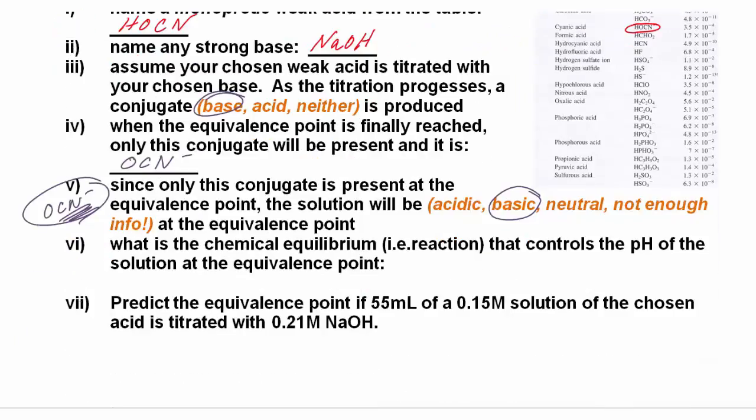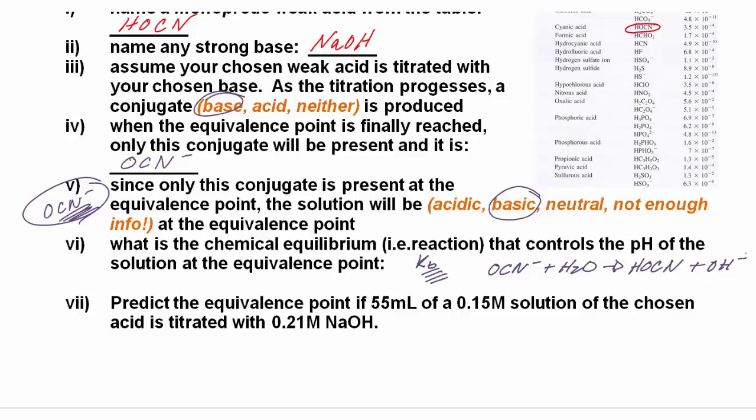So what equation will determine it? Our Kb equation. Our Kb reaction is going to determine the pH. And remember how to write Kb reactions? The conjugate base plus water forms a conjugate acid and hydroxide.